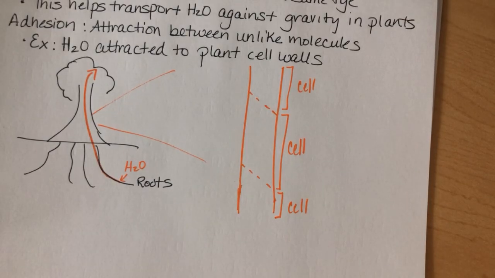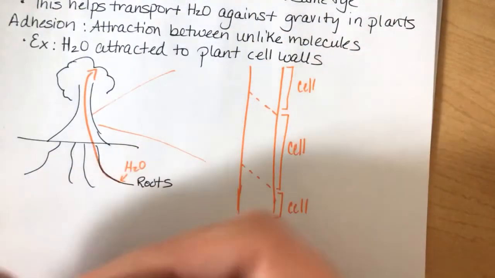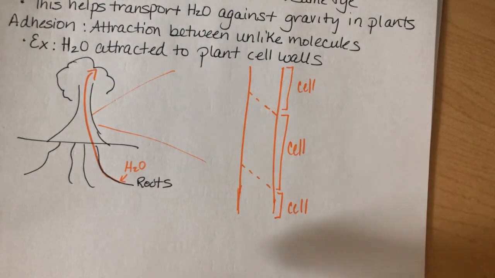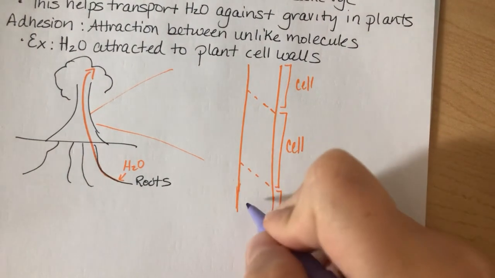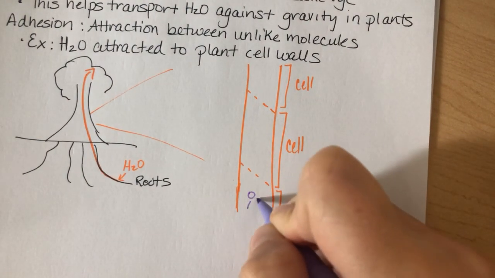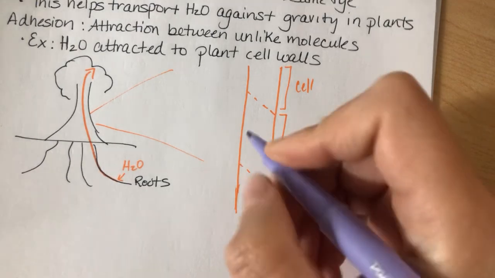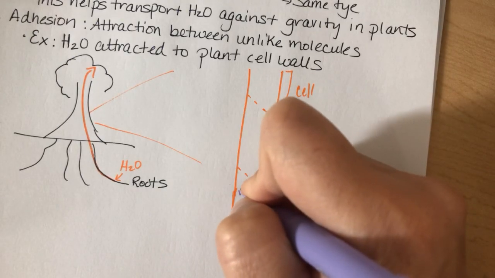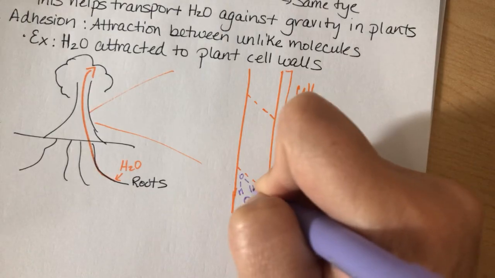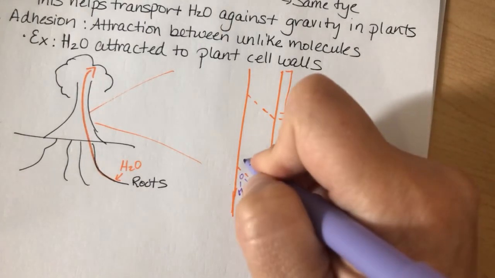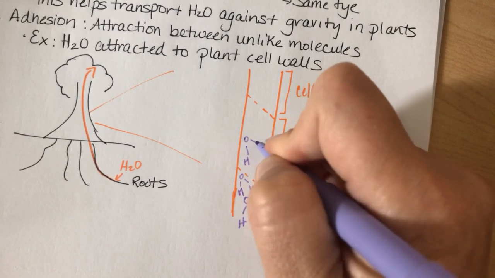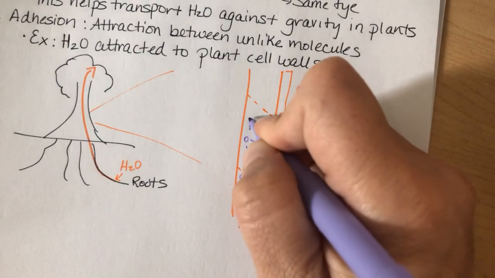So how does it do that? For water, let's get a different color. I'll use purple. I'm going to draw some water molecules in here, an H2O with two H's, then another H2O like this, and another one like this, and another one like this.